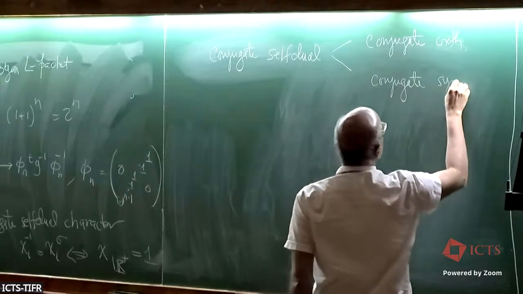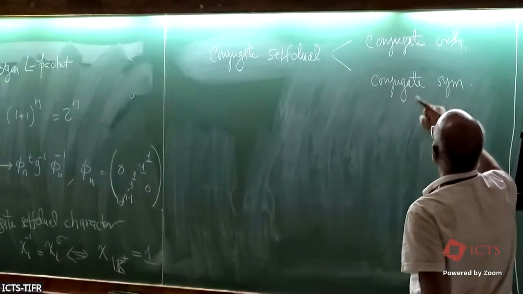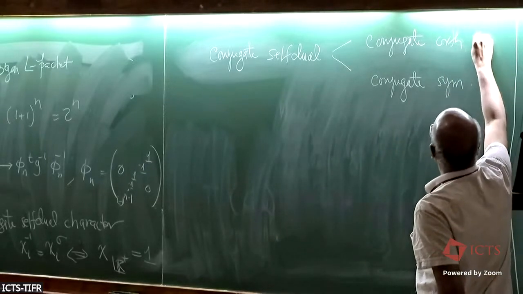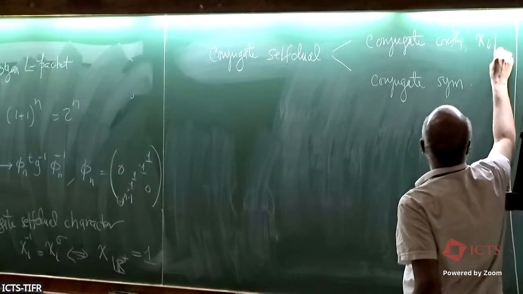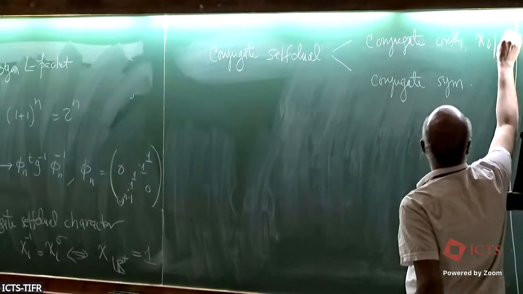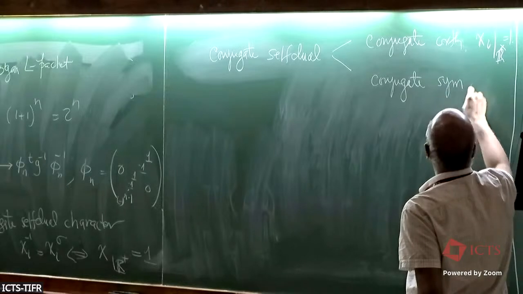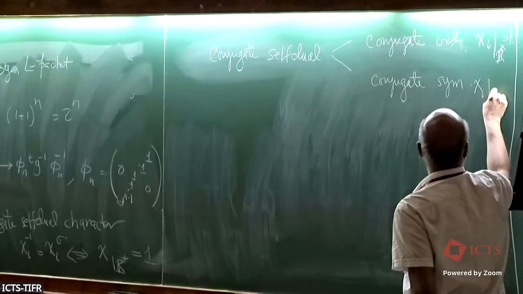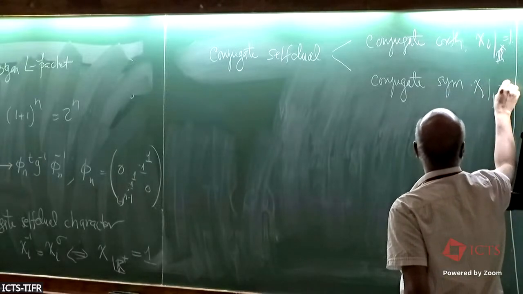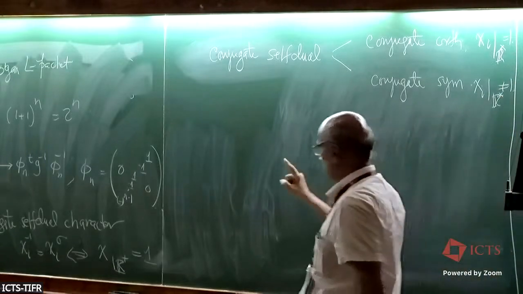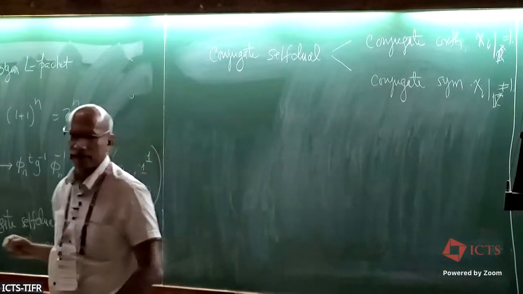Conjugate orthogonal means that chi restricted to R star is trivial, and conjugate symplectic means that chi restricted to R star is non-trivial. They are trivial on R plus but non-trivial on R star.